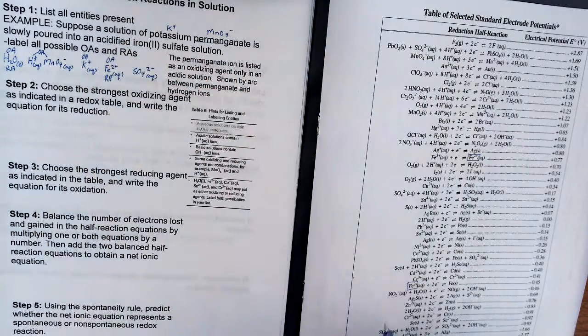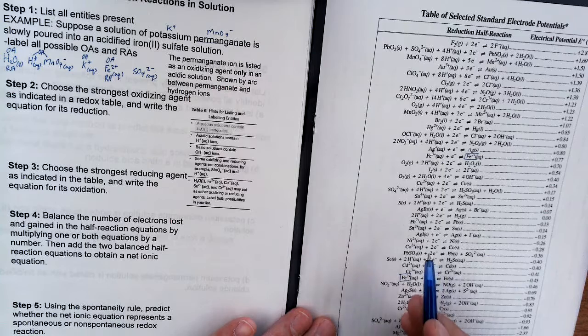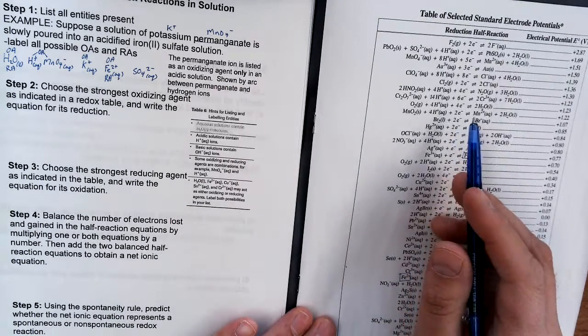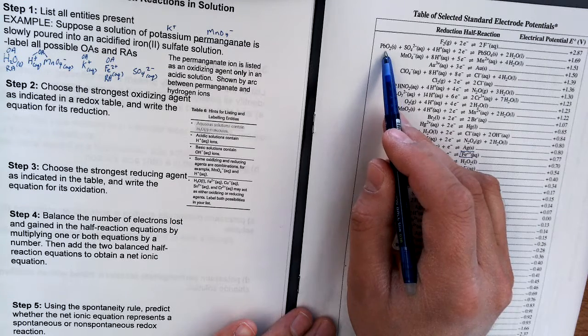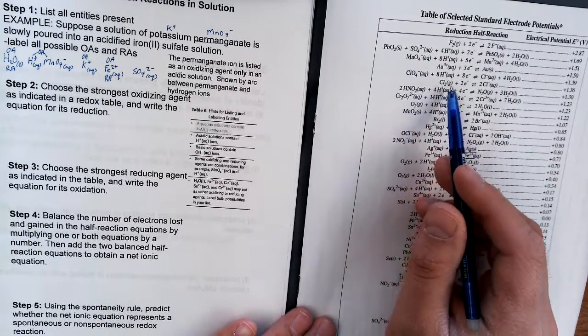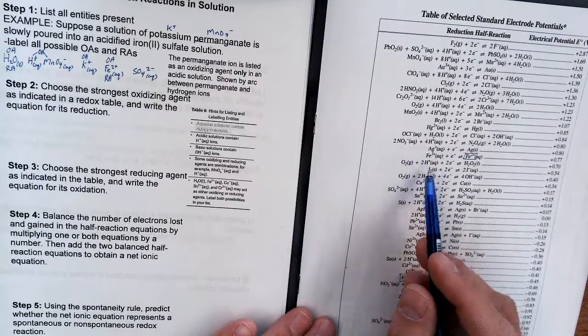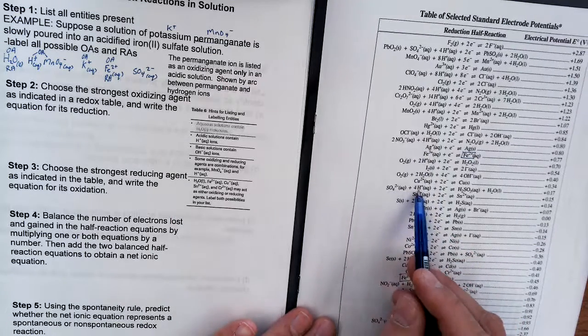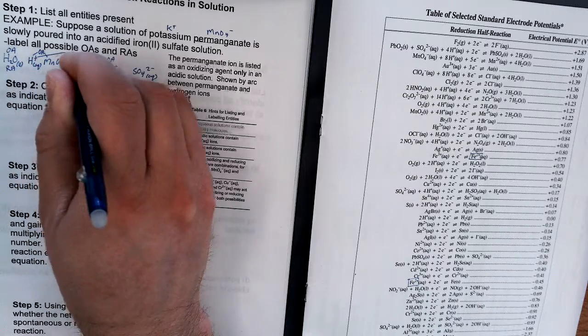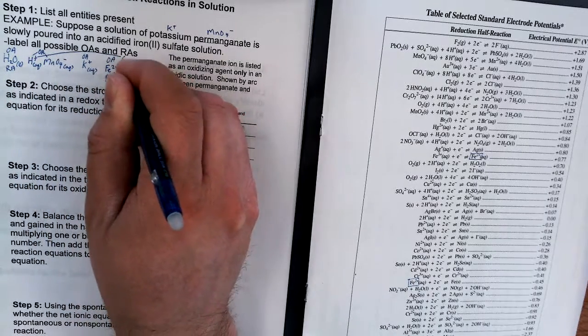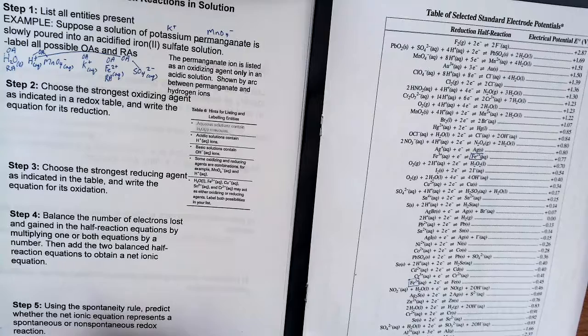Then SO4 2 minus. If we look through here, it's up here, but we don't have any of this lead 2 oxide, so that doesn't count. But right here we have SO4 and H plus, so H plus and our SO4 produce an oxidizing agent.